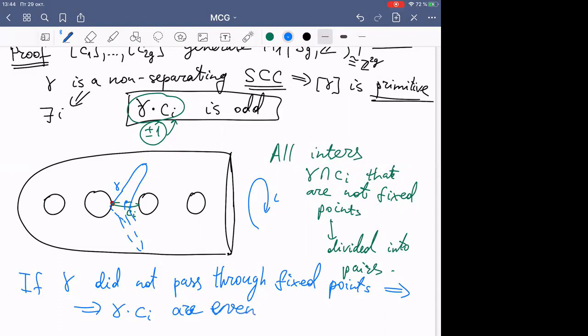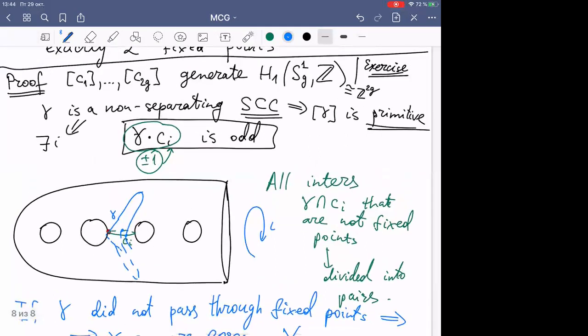I do not want to care about signs of intersections. It doesn't matter here at all. Just I would like to say that modulo 2 we get 0. Which is impossible since our homotopy class must be primitive, or homology class must be primitive.